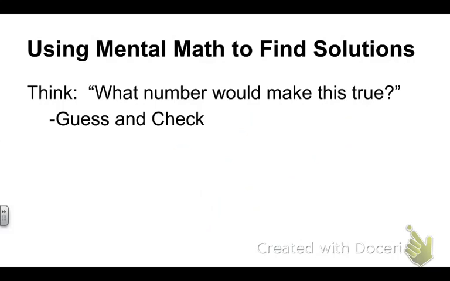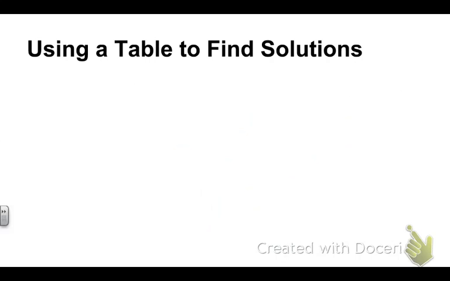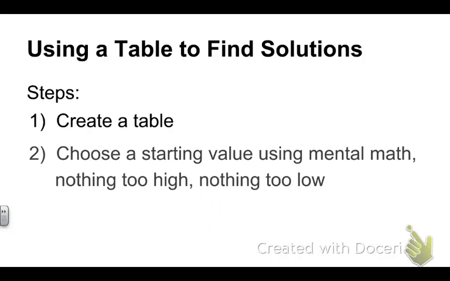You can also use mental math to find solutions. So think what number would make this true, and you guys do this all the time with guess and check. You can also use a table to find solutions. Again, we're going to be doing this tomorrow, not any examples tonight. So the steps for this: create a table, get your x and your y variables, and choose a starting value using mental math.